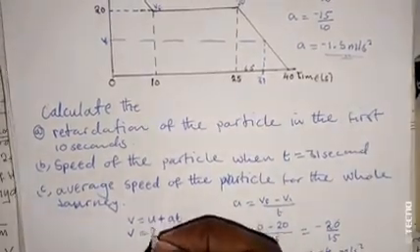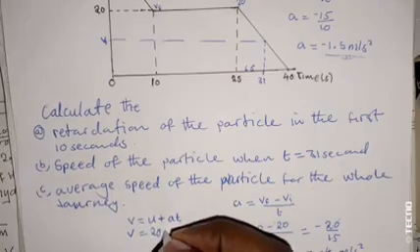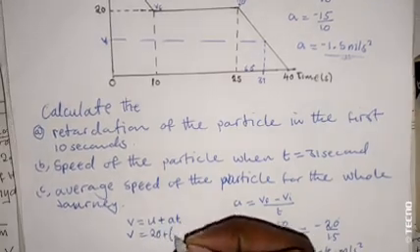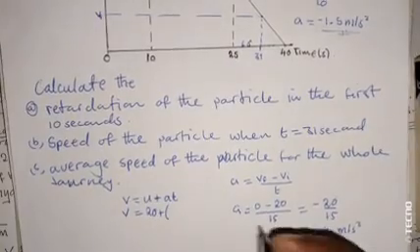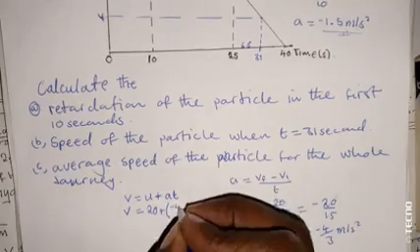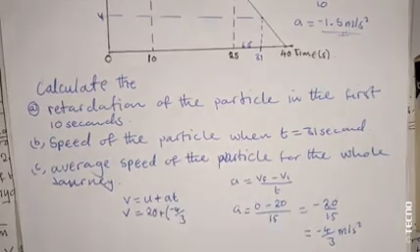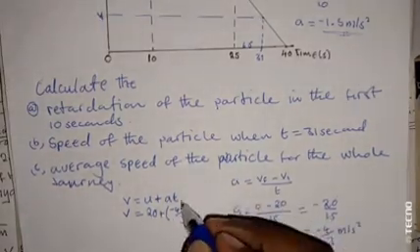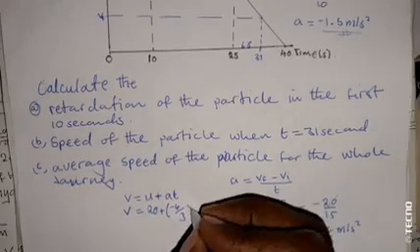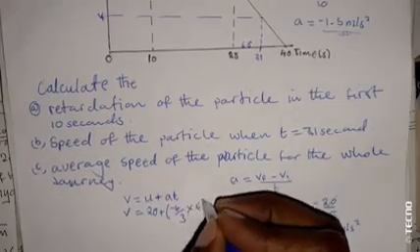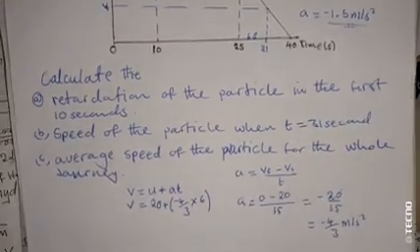So here we'll replace by 20, then plus open bracket, our a here is negative 4 over 3, so it will be negative 4 over 3. Then our time here, which is 6, times 6, like this. This is what we have.